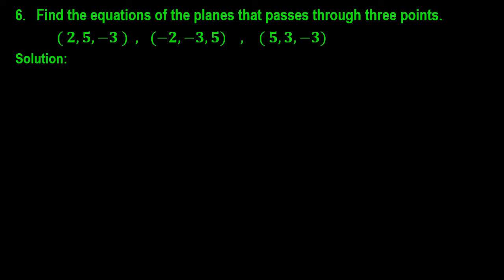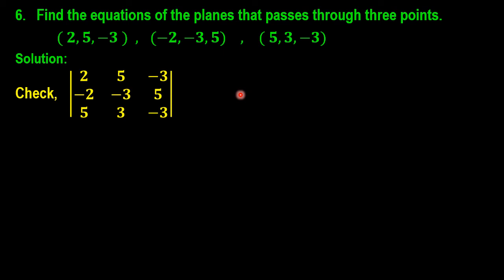Now at last let me solve question number 6, and the question is, find the equation of the planes that pass through the 3 points, and the coordinates of the 3 points are given: 2, 5, minus 3; minus 2, minus 3, 5; and 5, 3, minus 3. If the 3 points are given, then the first thing that we have to do is check whether the 3 points are collinear or not.